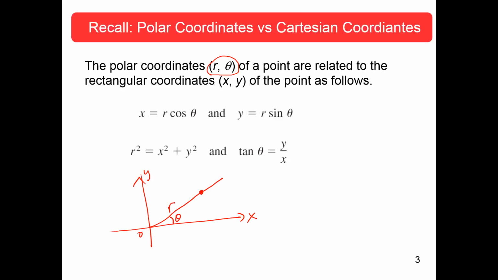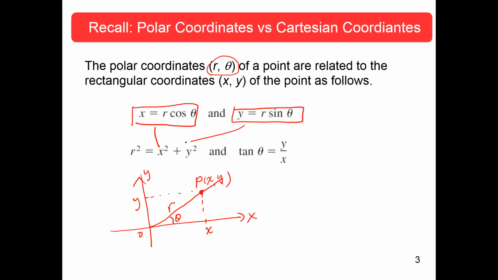If I have a point right here, which is (x, y), here would be x, here would be y. Therefore, x would just be r times cosine theta, and y would just be r times sine theta. For x squared plus y squared, the sum of their squares is going to be r squared, which is easy to see by using this right triangle here, since x squared plus y squared is the square of the hypotenuse.